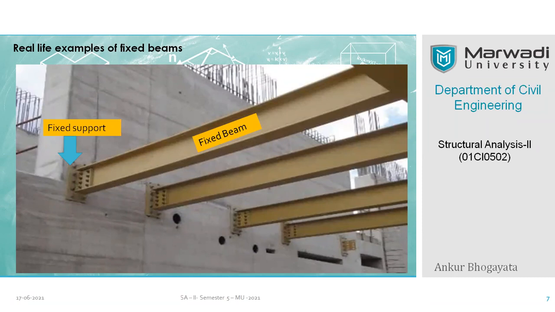Right now you can see that this is a composite connection. It is not 100% steel, it is not 100% concrete. So this kind of connection is known as a composite connection. So you can develop a fixed support or fixed joint in any sort of arrangement, whether it is the same material or different material.